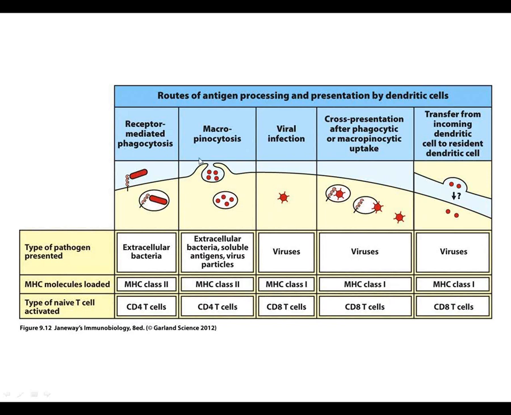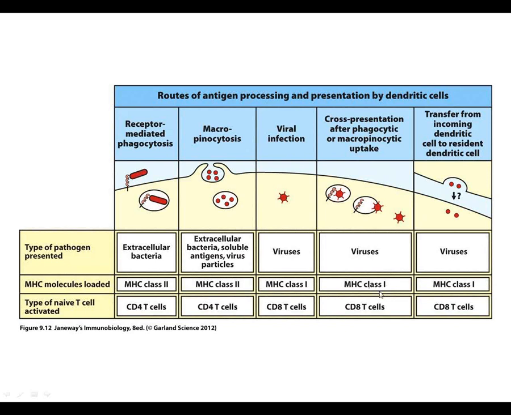When things are typically taken up in this way, you anticipate them to get loaded onto MHC class 2, right? That's how we learn those pathways. It comes from these vesicles onto MHC class 2. It doesn't go through the TAP system. But in this one circumstance, even though it's engulfed and you'd anticipate it to go through MHC class 2 loading, it actually gets loaded onto MHC class 1.